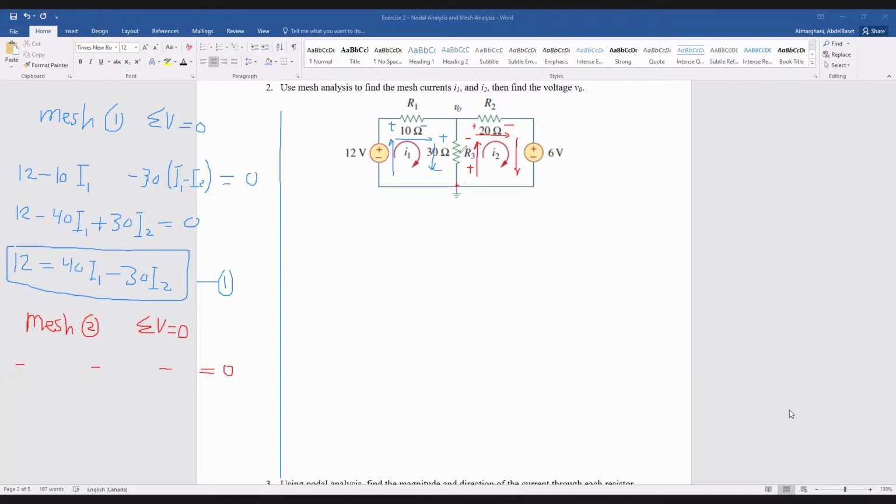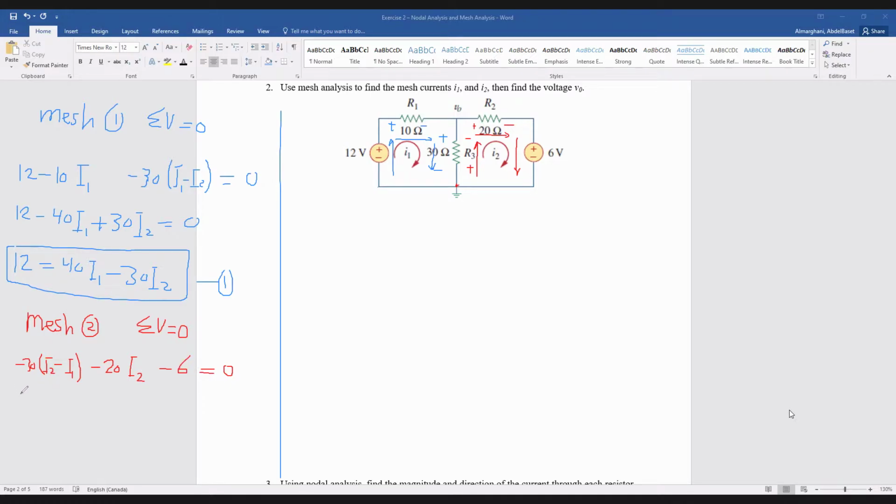So the first voltage is the resistance, 30. And now the current with me is I2, and the current against me is I1. Because there's two currents in this resistance, two mesh currents. Then in the R2, there is only one mesh current, which is the second mesh current. Then this is the 6 here.